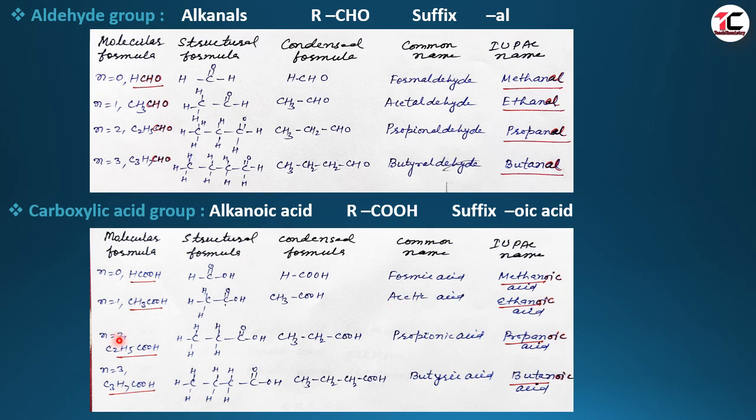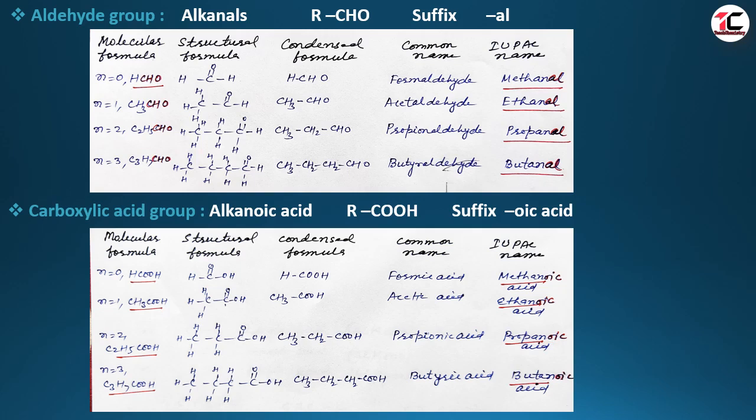If we take n is equal to 2, then molecular formula becomes C2H5COOH. Condensed formula CH3CH2COOH. Let us see in the structural formula. It is CH3, CH2 and COOH. Its common name is propionic acid and IUPAC name is propanoic acid.